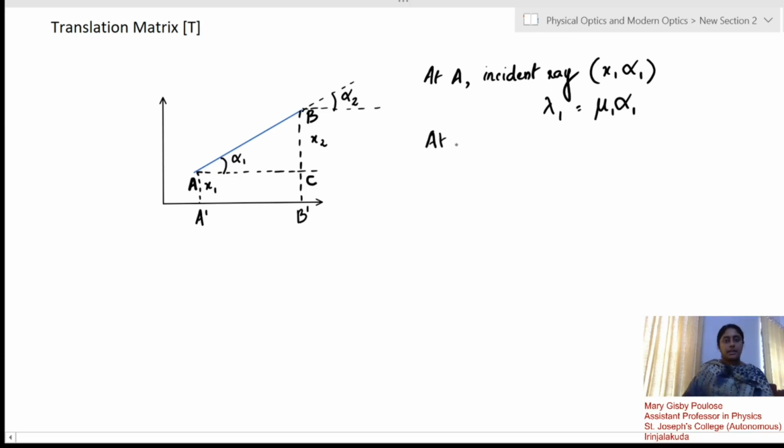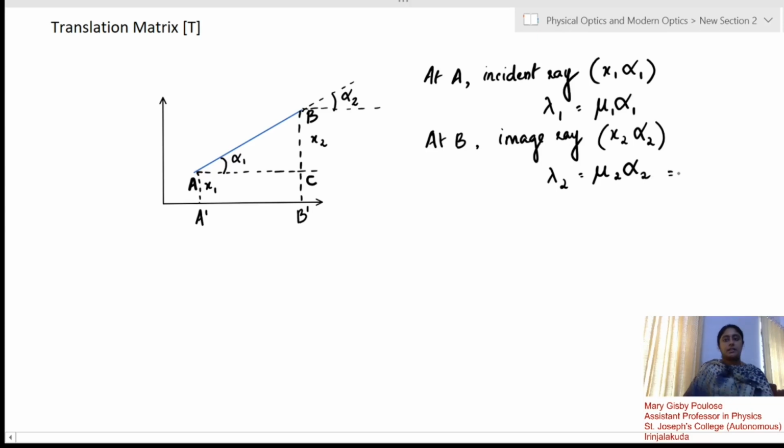At B, the image ray can be represented as x2, alpha 2, and the direction cosine lambda 2 is given as mu 2 alpha 2. Now, according to this figure, we can see that the light is traveling through a homogeneous medium.